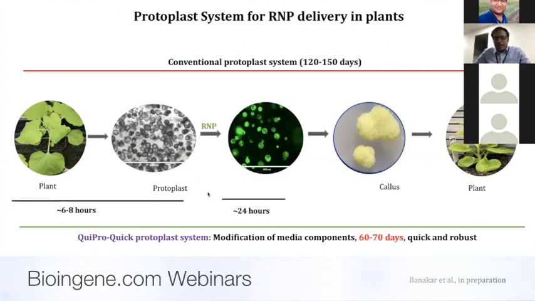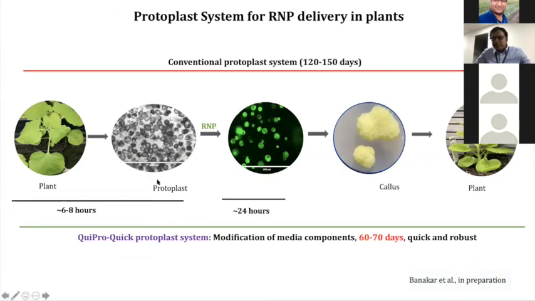One of those is a protoplast based system, which is an old system, in which you take a leaf, then remove the cell wall using enzymes, and then it becomes a protoplast. That means it is now available for reagent entry into the cell, right? One of the biggest drawbacks with plant cells is that they have a cell wall. On the contrary, animal cells don't have a cell wall, so reagent delivery into animal cells is quite easy compared to plant cells.